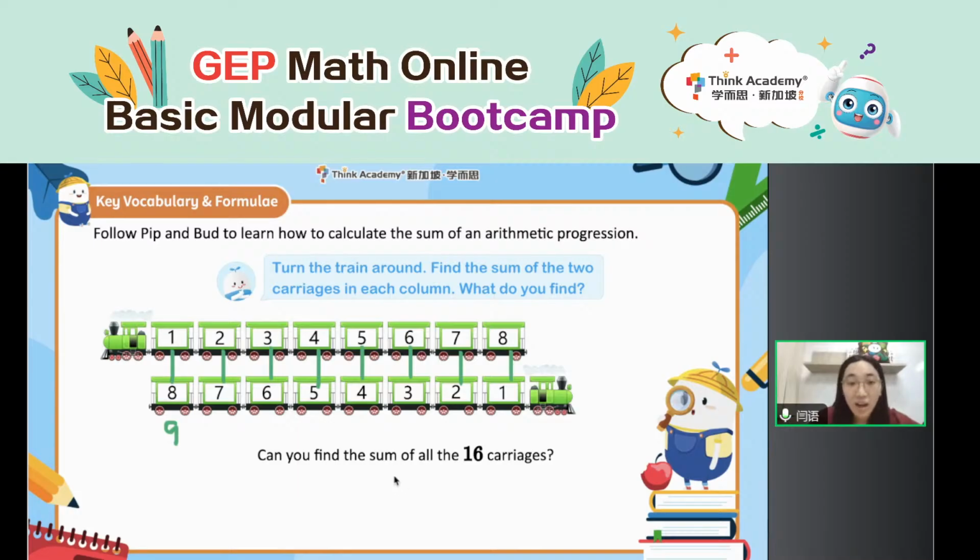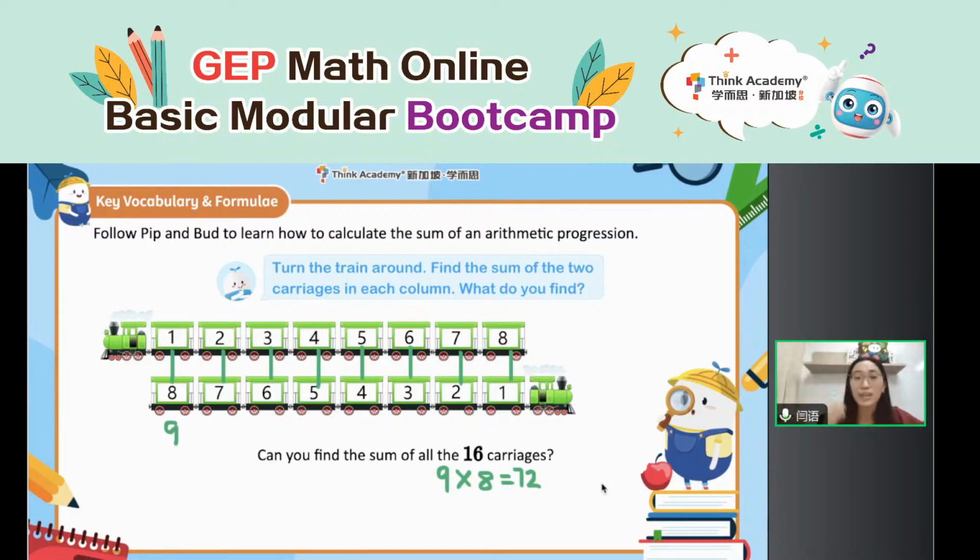So in order to figure out the sum of all these 16 carriages, it is just 1 plus 8, which is 9 for one column, and then 9 times 8. Then you get a total of 72. So you see, this is a faster way to figure out the sum of these 16 carriages.